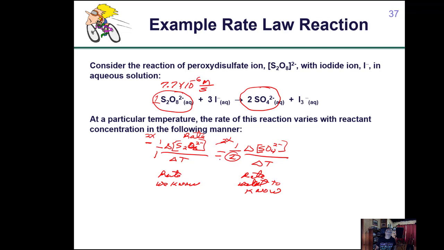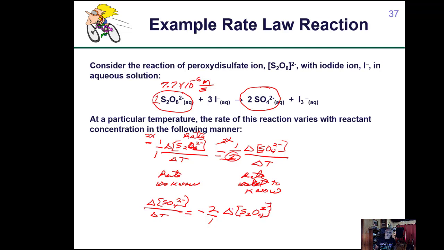So our 2's will cancel here, and we'll have the change in concentration of sulfate 2 minus with respect to the change in time. So the rate of appearance of sulfate ion is equal to minus 2 over 1 times the rate of disappearance of peroxydisulfate.